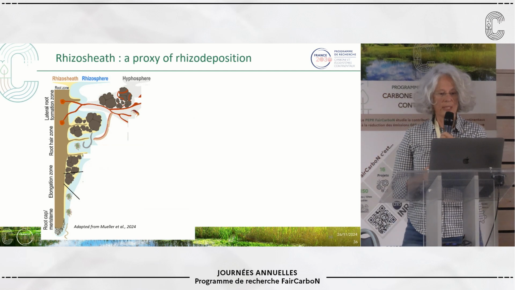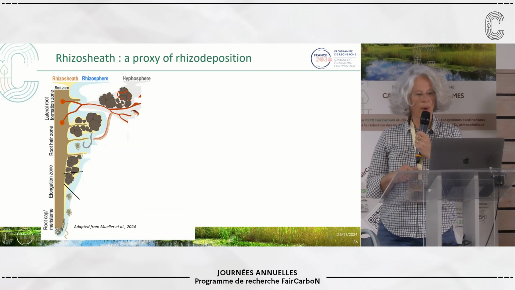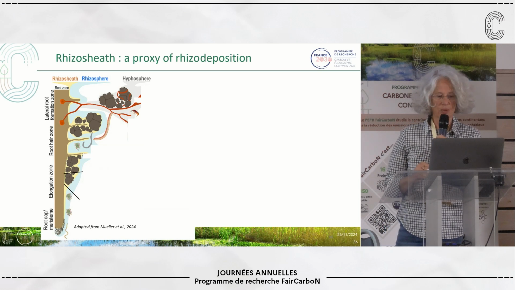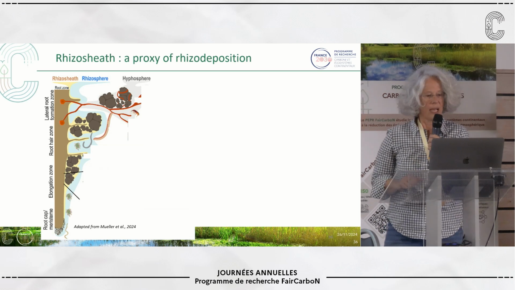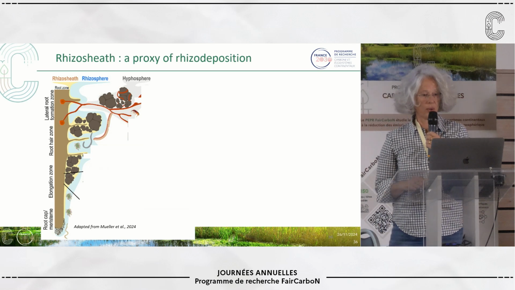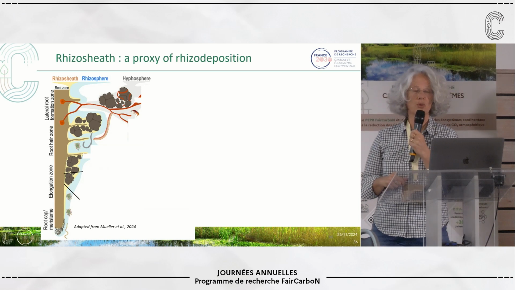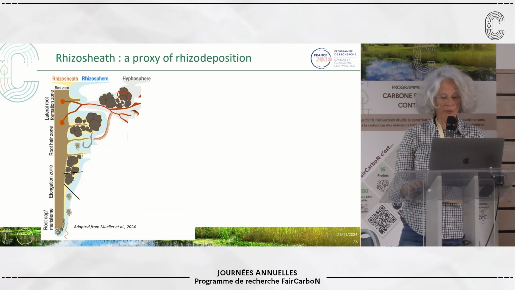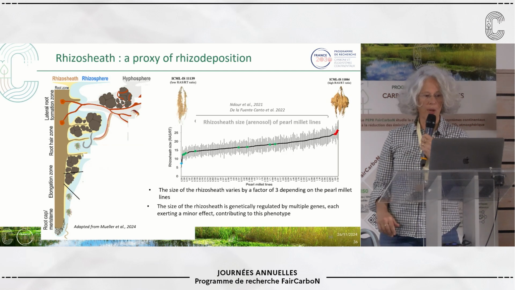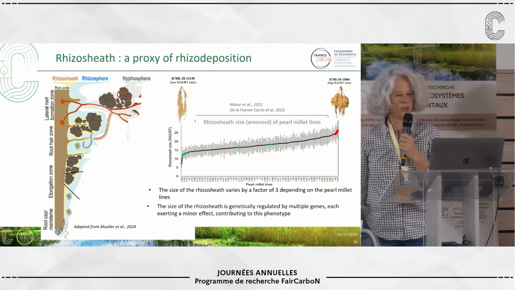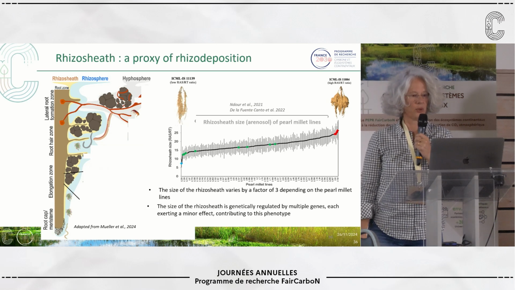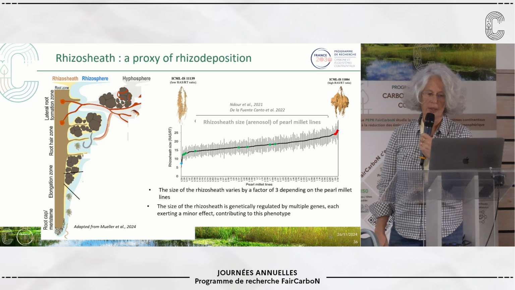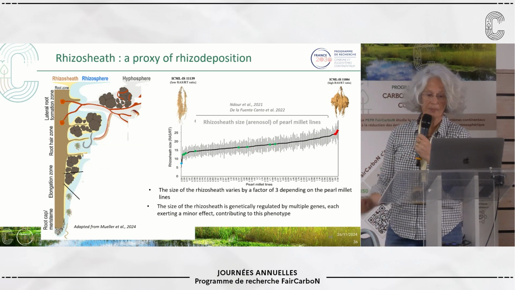However, rhizodeposits are strong binding agents, and the rhizosheath, represented in yellow on the diagram, and I'm not sure that you can see the yellow, samples the root adhering soil, and this is therefore considered as a good proxy for rhizodeposition. And the example of phenotyping obtained on pearl millet shows that the rhizosheath size varies by a factor of 3, but also that the size of the rhizosheath is genetically regulated by multiple genes.